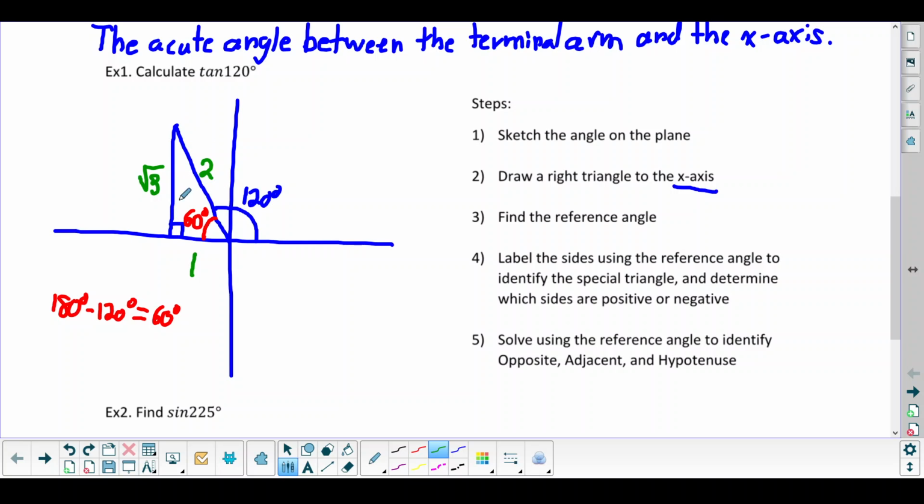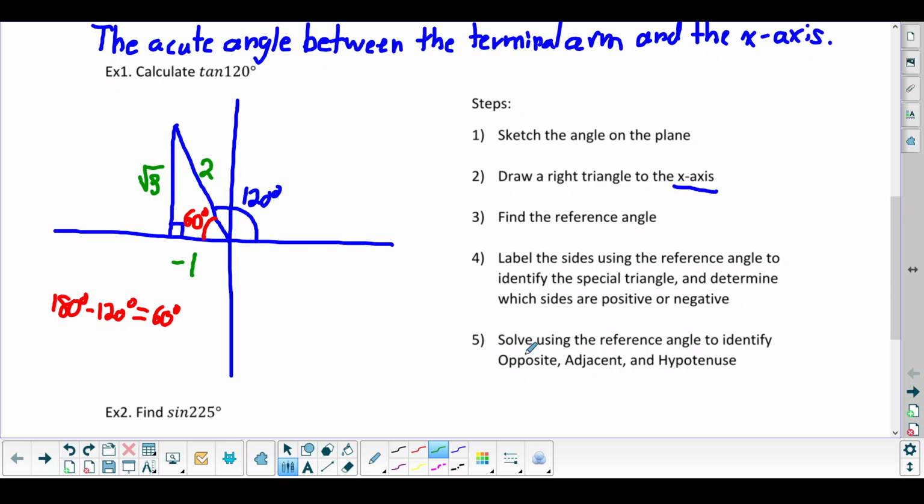And this vertical here is in the positive y, so it stays positive. But our x value here is in the negative x's, so it's going to become negative. So we've labeled that now. So it's negative because horizontally, the x's are negative on the left side of our Cartesian plane.